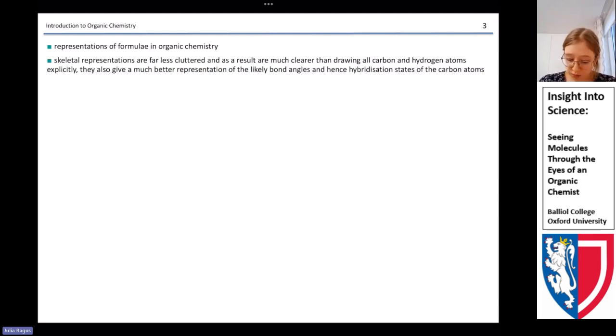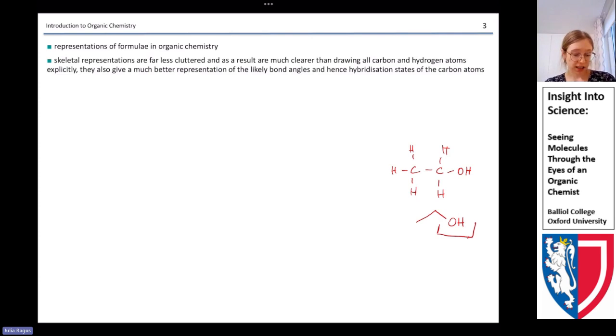Well, for example, a molecule of ethanol takes quite a while to draw. With skeletal representations, you can just draw it like this. It's probably 3 times faster, much more efficient, and I think it also shows the hydroxyl group, which is the functional group in this molecule, much more clearly.